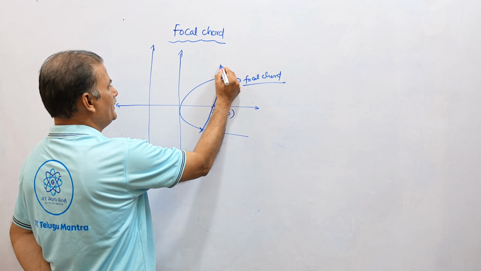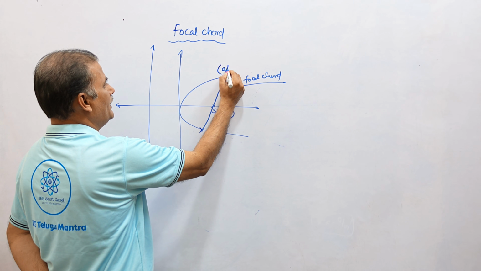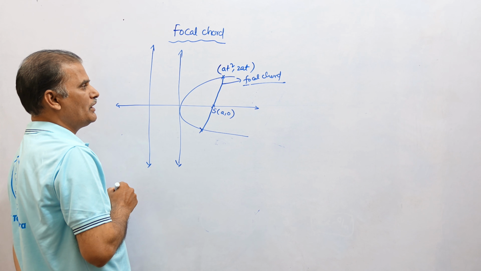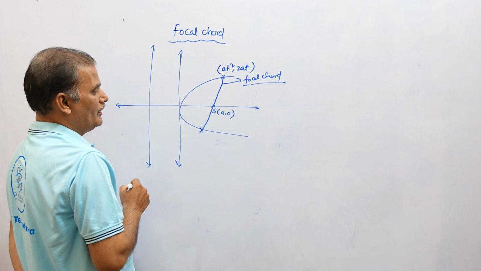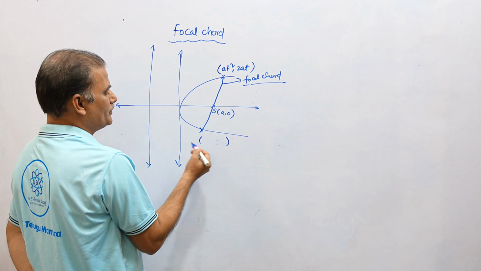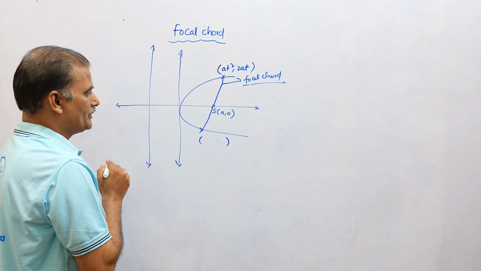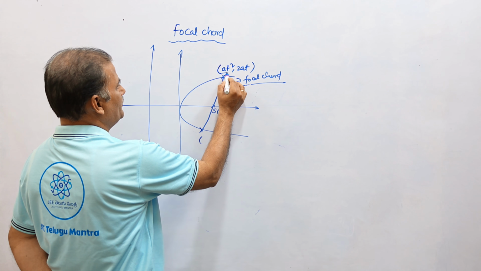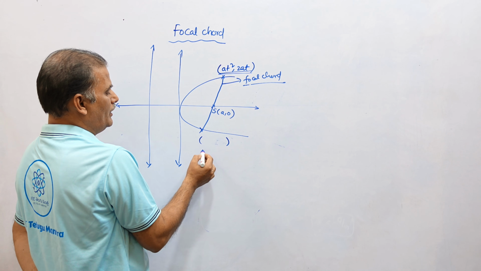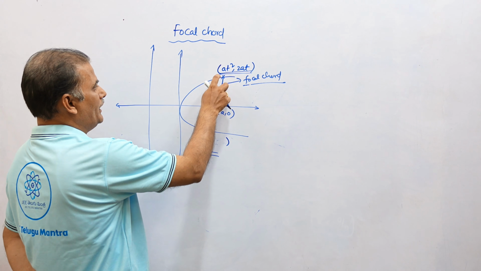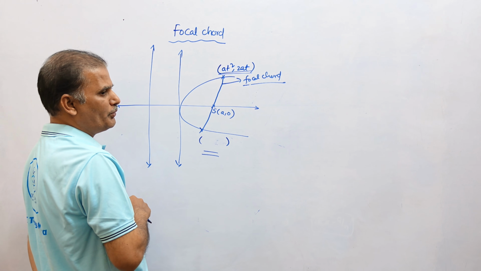This is the first point we take here, (at square, 2at). (at square, 2at). How to find the second endpoint of the focal chord? We will discuss. First, the point is if t1 and t2 are the endpoints of the focal chord, we can easily find those points. (at1 square, 2at1) is the one point.